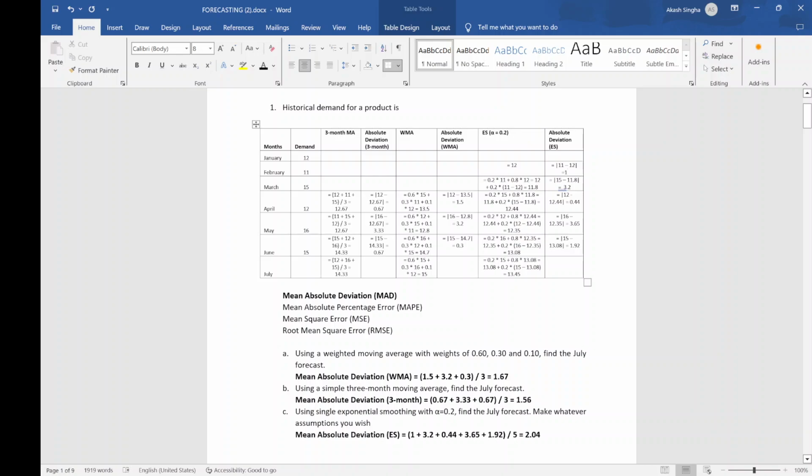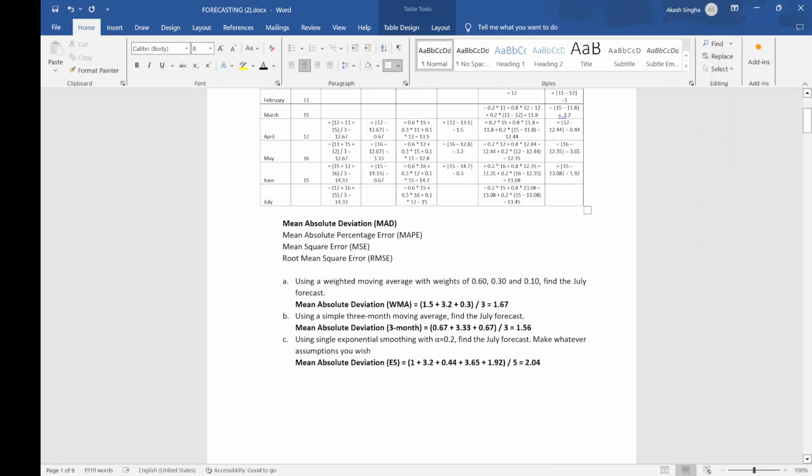Mean absolute percentage error is also there, where after calculating the difference, you divide it by the demand and multiply by 100 to get the percentage. Mean square error is basically squaring the differences, not taking the absolute value, and then averaging it, and root mean square error is the root over that value.